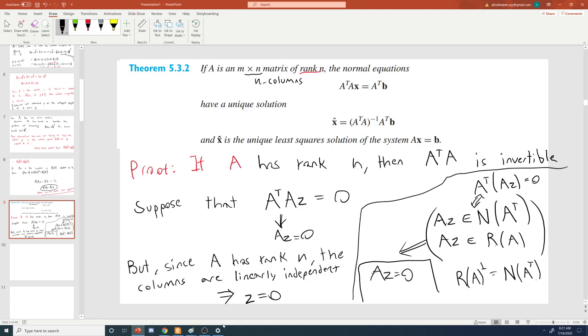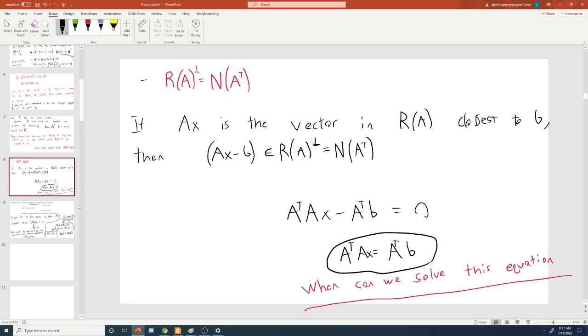And now this gives us the necessary condition we need to solve our last equation.